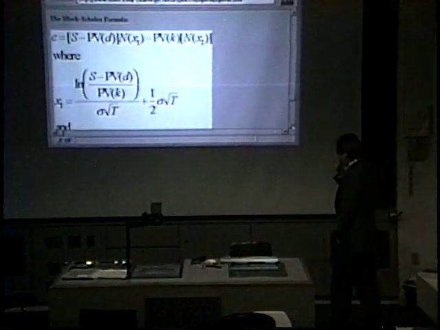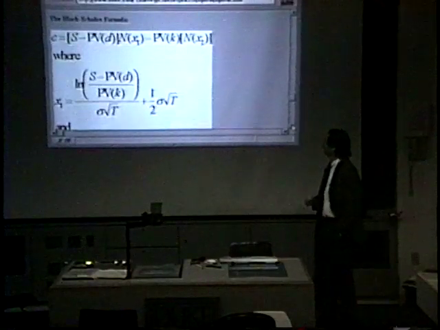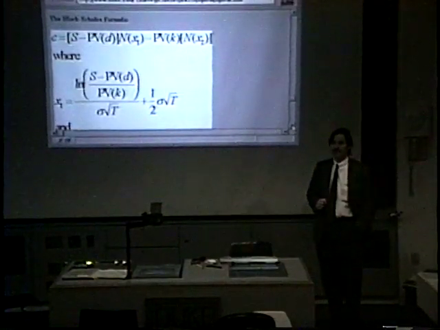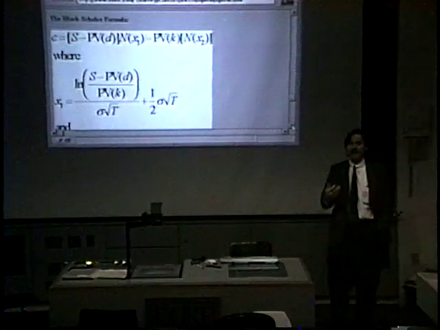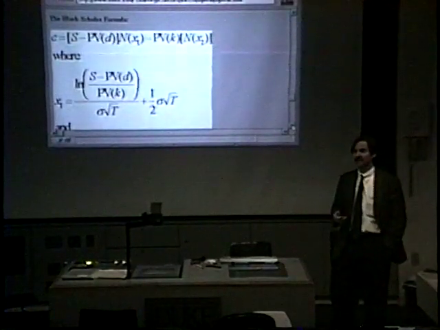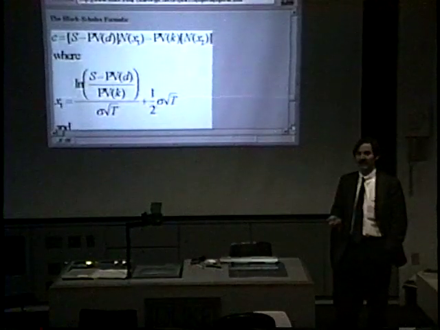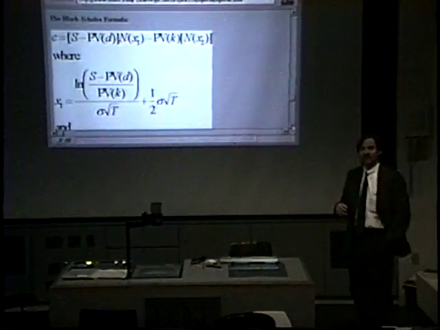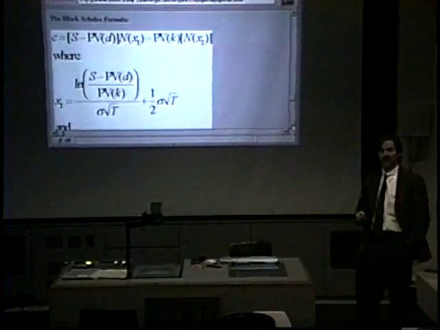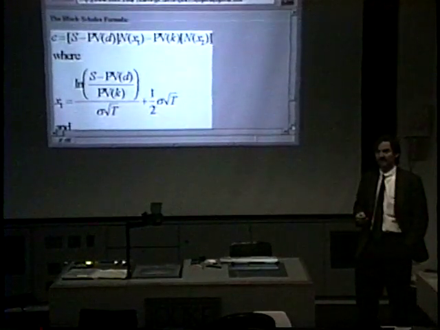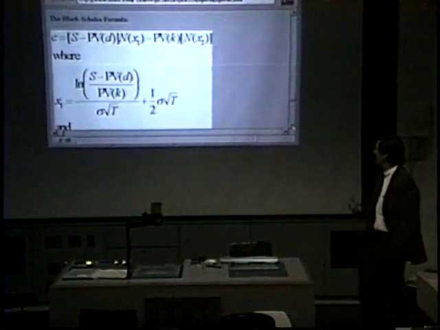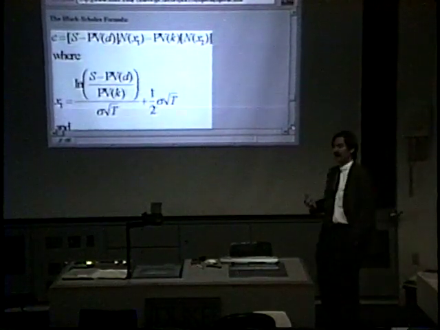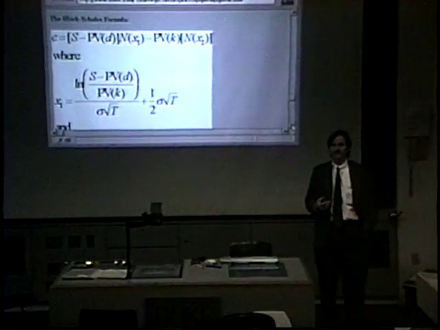So we take the present value of the exercise price, which is PV(K). We take the present value of the stock price, which is the stock price today. And if there's a dividend, we take the present value of it, and that's where the present value of the dividend actually gets in. So we've got S minus K as the price of the option.